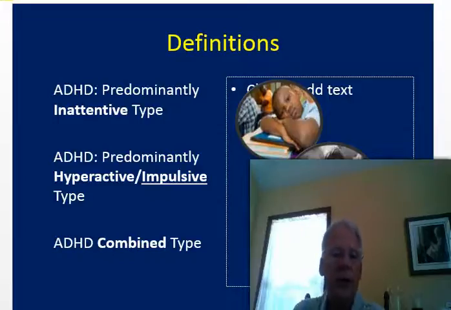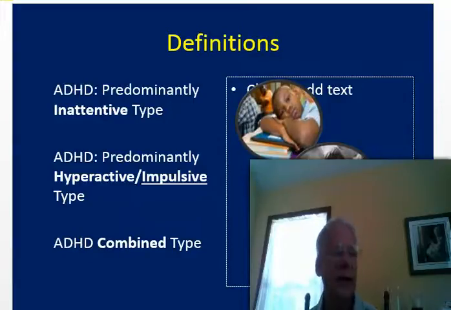So when we take a look at ADHD, we can put those behaviors into three categories. And note the three characteristics were not always included in earlier definitions. So we have ADHD, predominantly inattentive type, associated with inattention. And just look to the right there, you'll see the inattentive student.